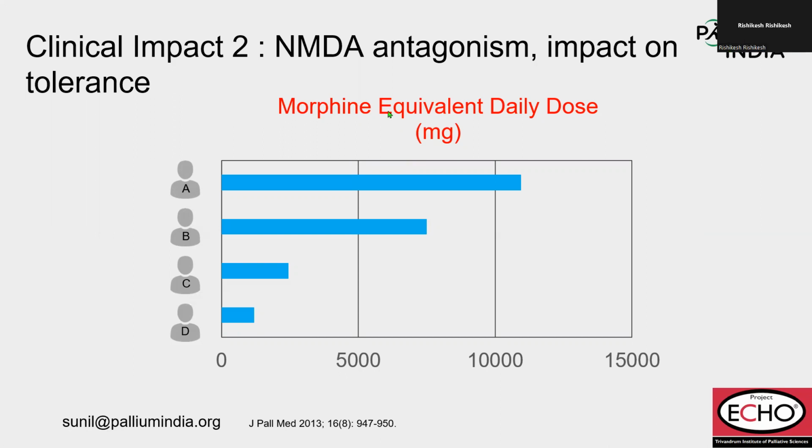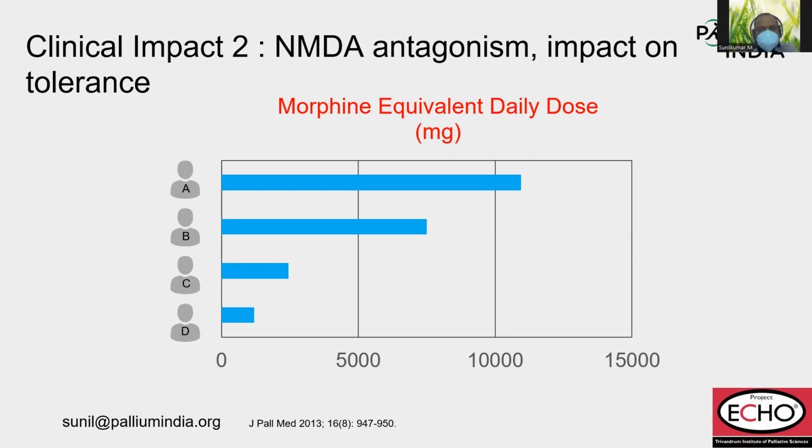Requiring a greater dose to achieve the same effect. Yeah. So you can see, and this is not the usual dose which we see in our patients, isn't it? Here it's 12,000 milligram equivalents of morphine. So that's not the usual dose. This is probably because these patients might have developed tolerance. So one of the mechanisms involved in tolerance is NMDA receptors. So if you can block the NMDA receptors, you can prevent and reverse the tolerance.